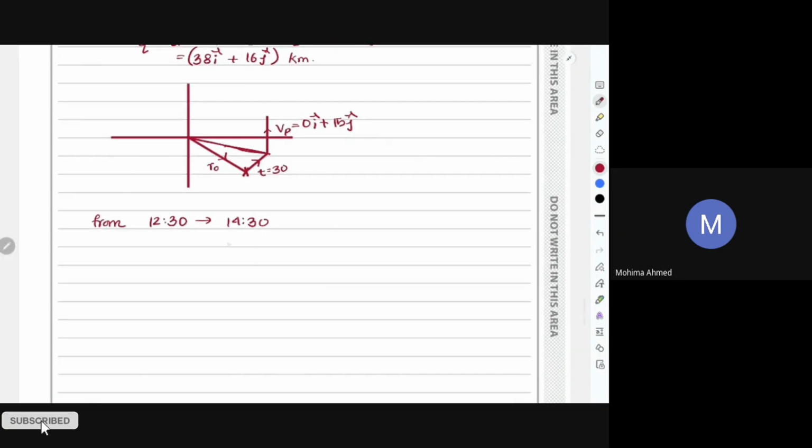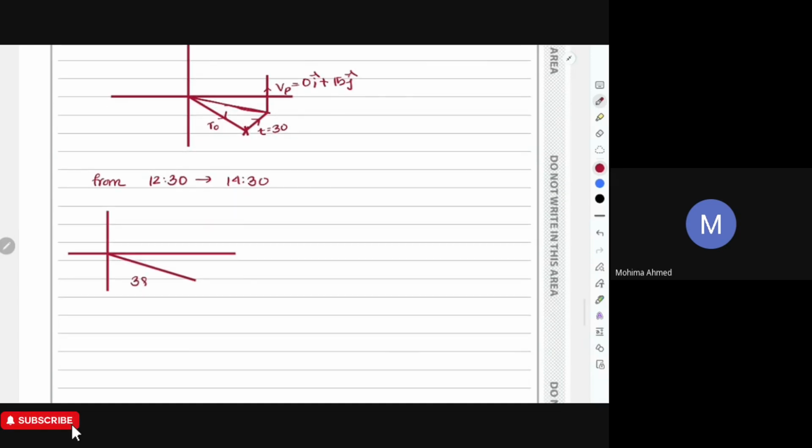So from 12:30 to 14:30, I have to now find out the new position vector, right? So I know that within this time, we are traveling in this way. Initially, you are at this value. What is the value? This is the 38I plus 16J that you calculated, that you traveled within the first 30 minutes. Right, this is your R naught net.